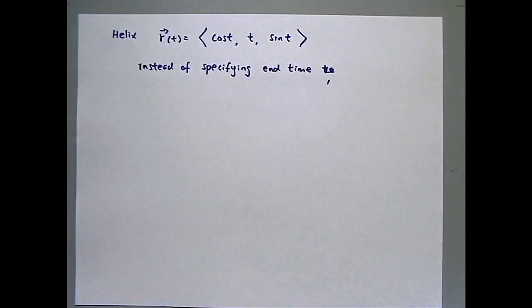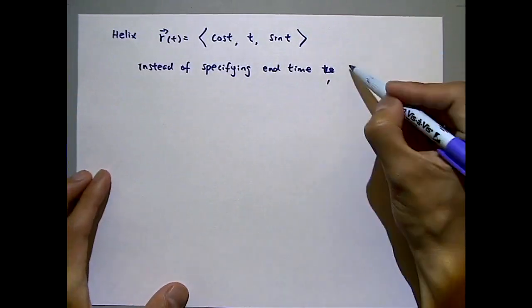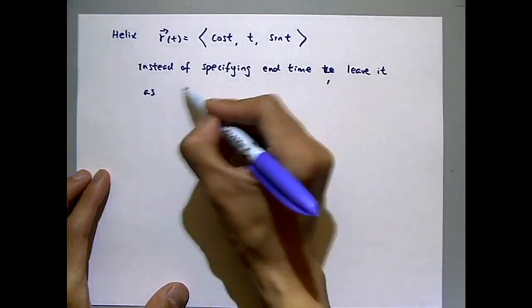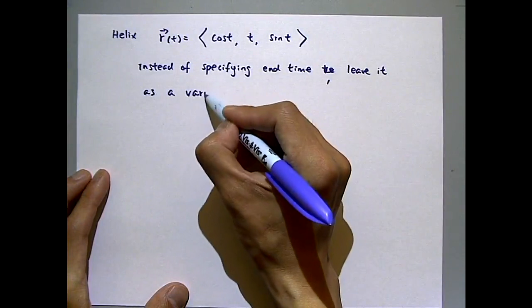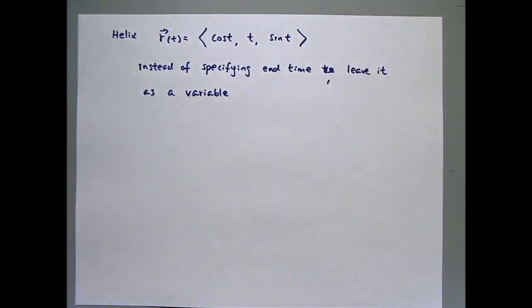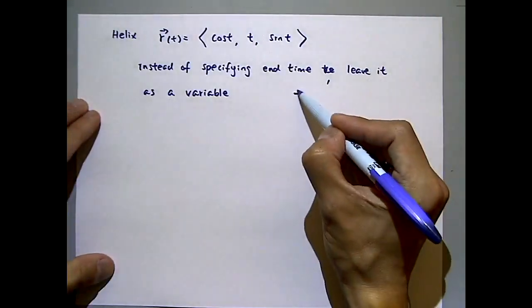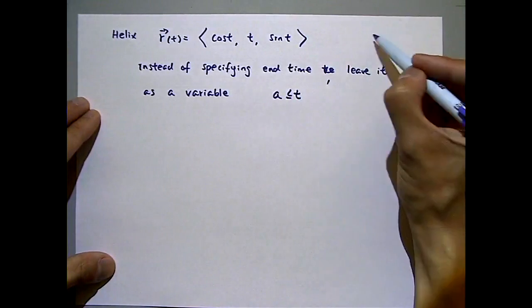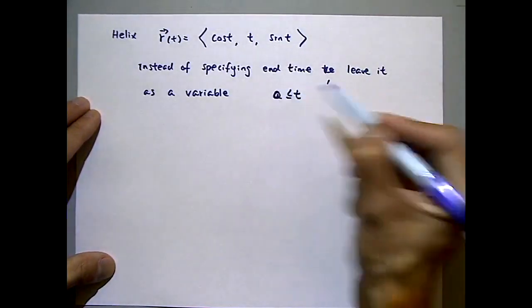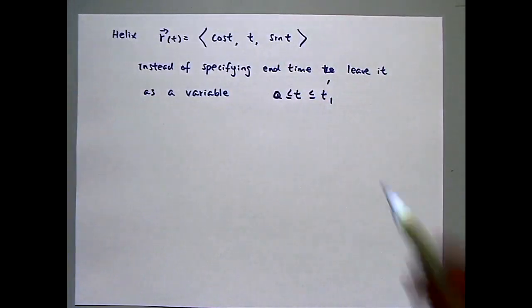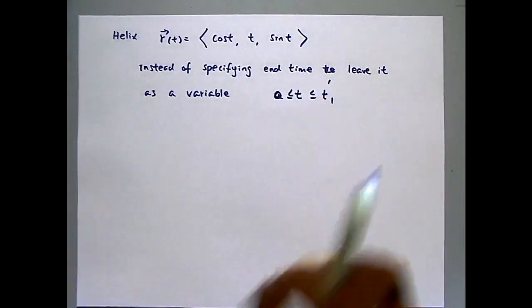Now, instead of specifying the end time, A to B, let's just do t from 0 to some other t at a later time, starting at 0, just like the earlier example we did.